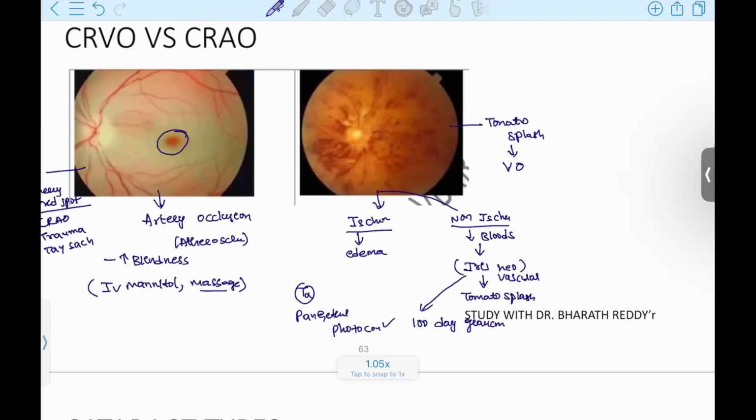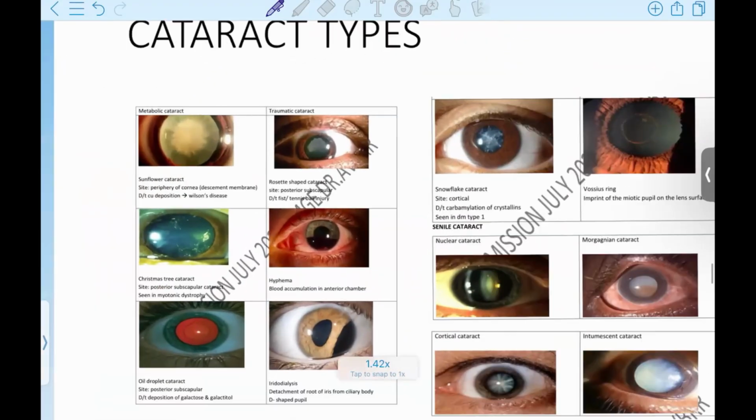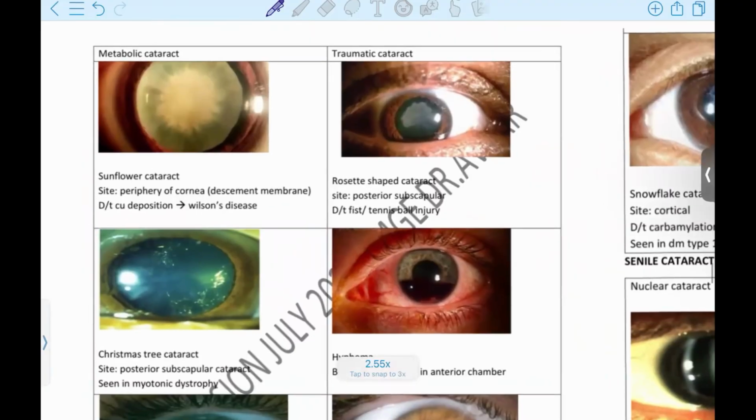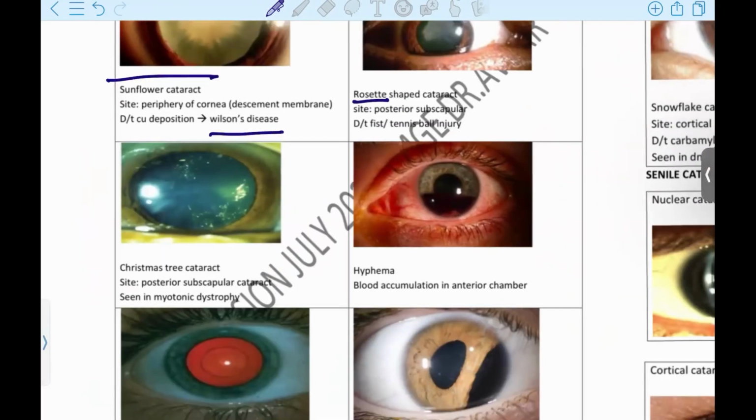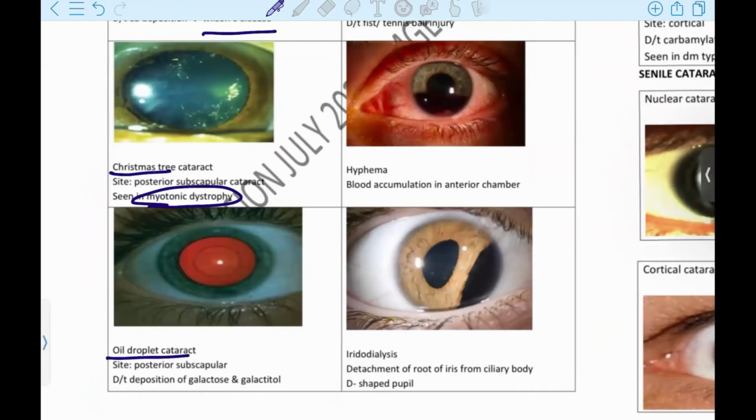Right, next one: cataract types and some other features. First, you can see the sunflower cataract seen in Wilson's disease, and the rosette cataract seen in traumatic conditions. Here the Christmas tree cataract is seen in myotonic dystrophy, and galactosemia patients have the oil drop cataract, which is a reversible condition.